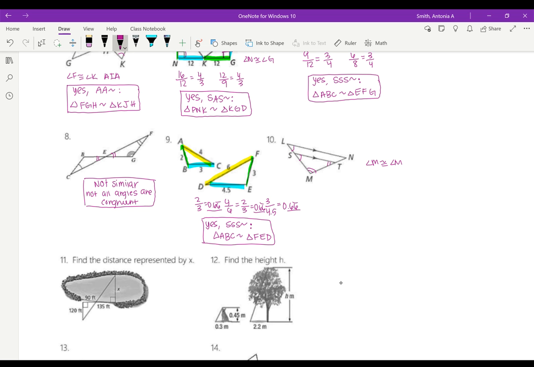Same with T and N. So I know for sure that these are similar figures because of angle, angle similarity. And my similarity statement, triangle, again, it doesn't really matter the order of your first one. Let's do SMT is similar to triangle LMN.